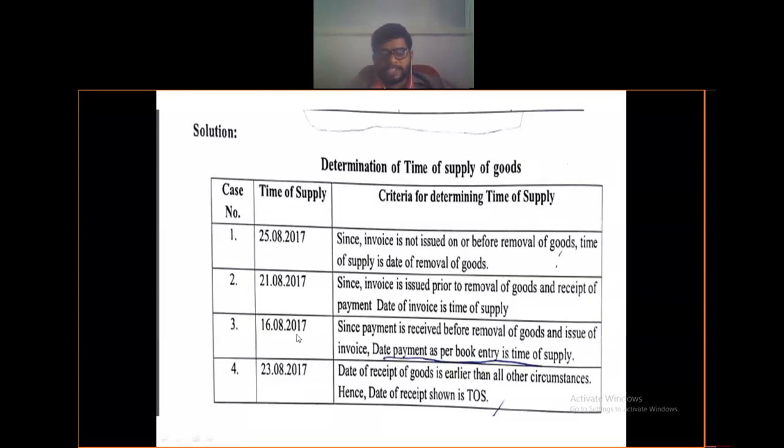16th August 2017 is the time of supply, because payment is received before the removal of goods, payment is received before issue of invoice, and payment is shown in the books of account before the bank credit.